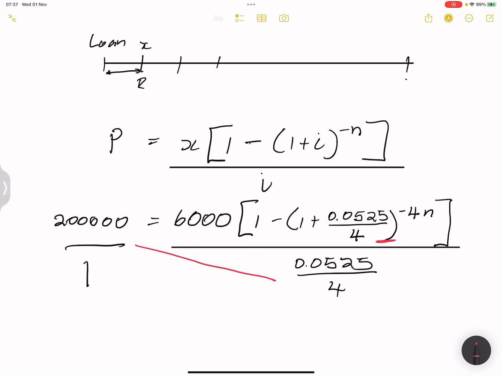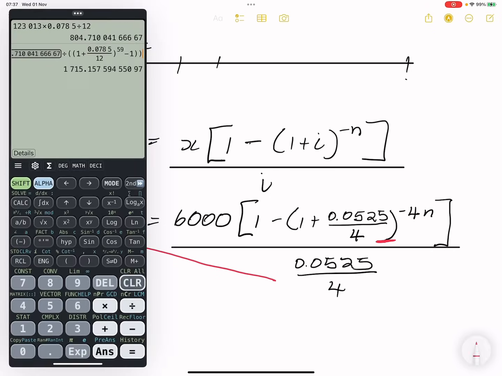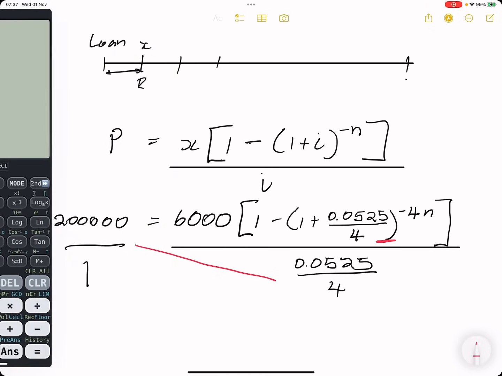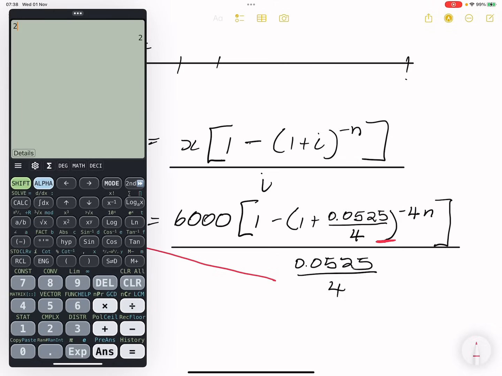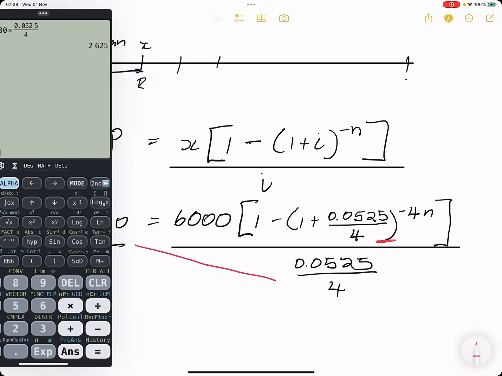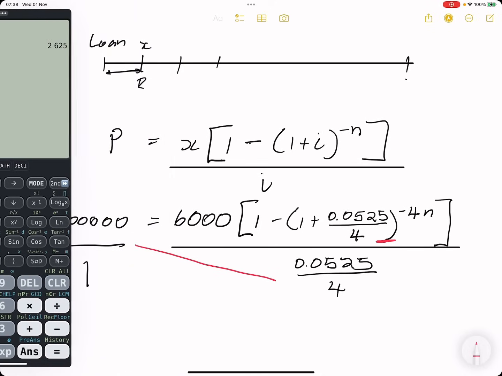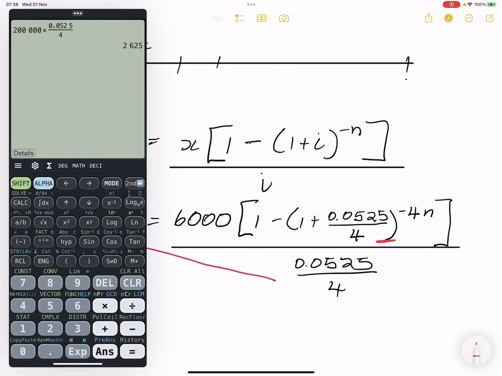That's 200,000 multiplied by 0.0525 over 4. Now I've got that value over that side. I'm going to divide it by 6,000.